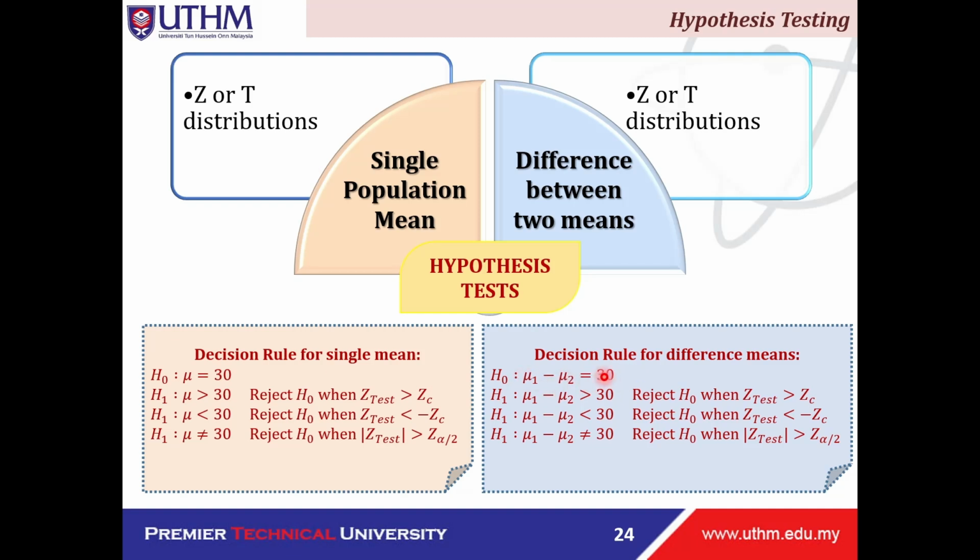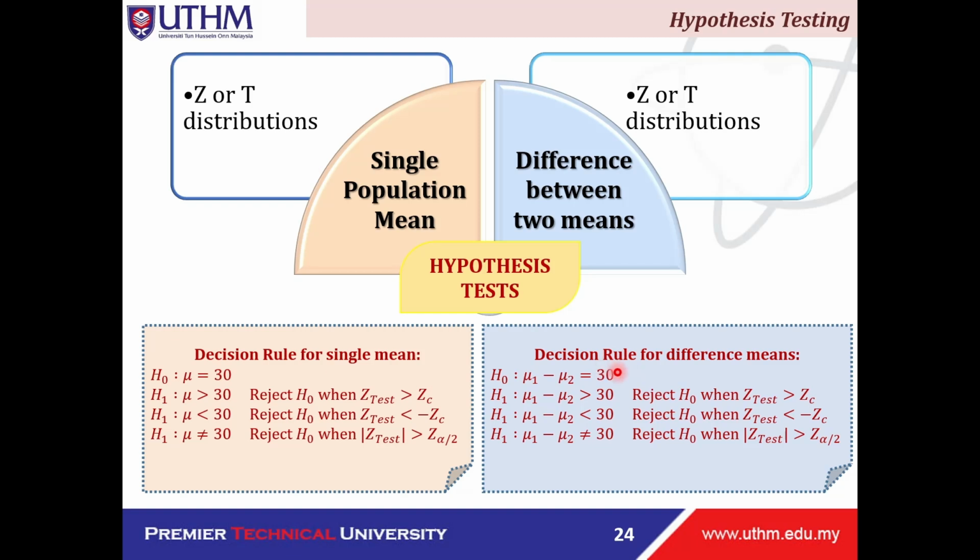Or we want to test whether there is any difference between these two means, so we may have mu1 minus mu2 equal to 0, in other words mu1 equal to mu2. Here, mu equal to 30. Or we can have two population means, mu1 equal to mu2, or they differ by a specific value, for example, 30.